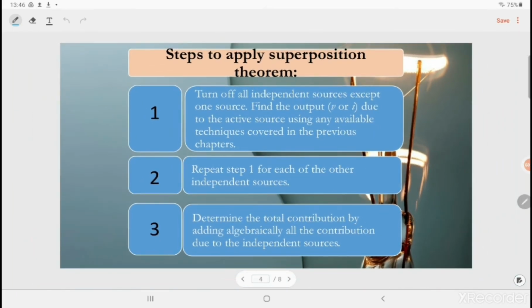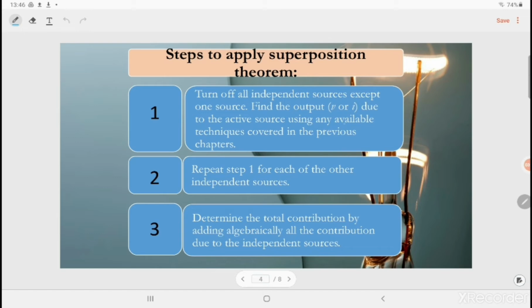So these are the 3 steps that you need to consider in order to apply the superposition theorem. The first one, you need to turn off all independent sources except one source, right? And then you need to find the output voltage or current due to the active source using any available technique covered in the previous chapter.